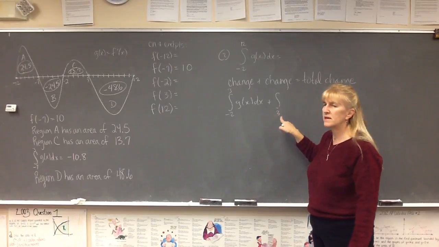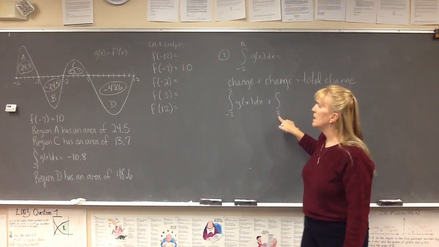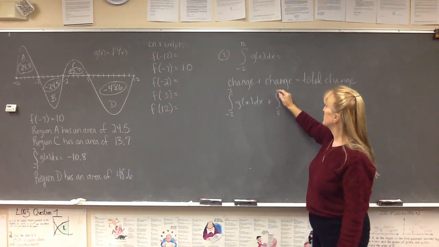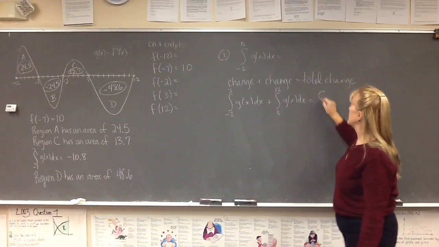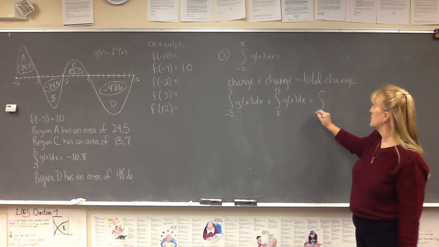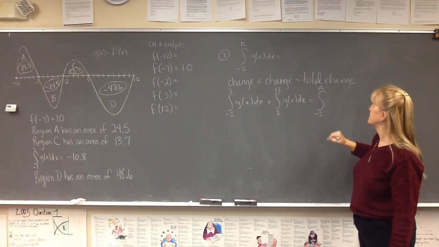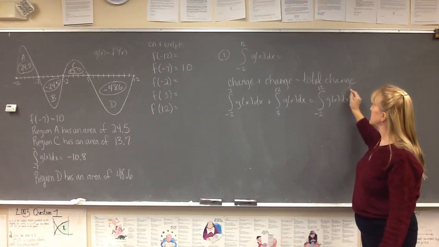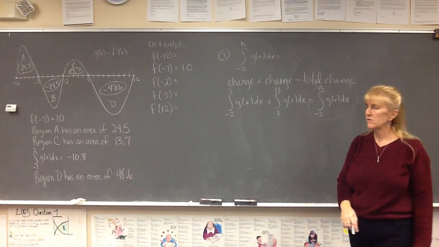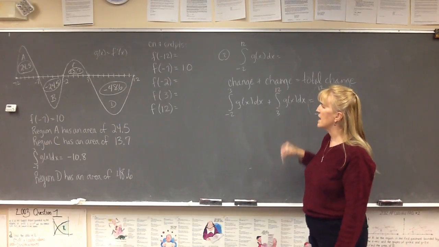I left off on the 3, so that's where I must begin again, all the way to my end limit, which is 12, of g of x dx. That gives me the whole total change from -2 all the way to 12 of g of x dx, which is my question. That's nice. All I have to do is put these down and add them up.